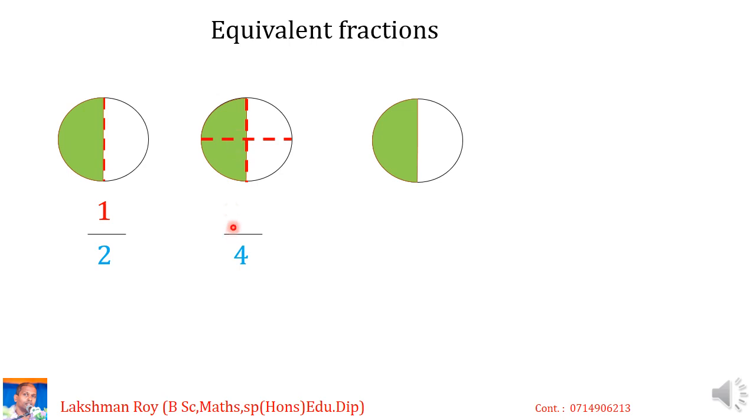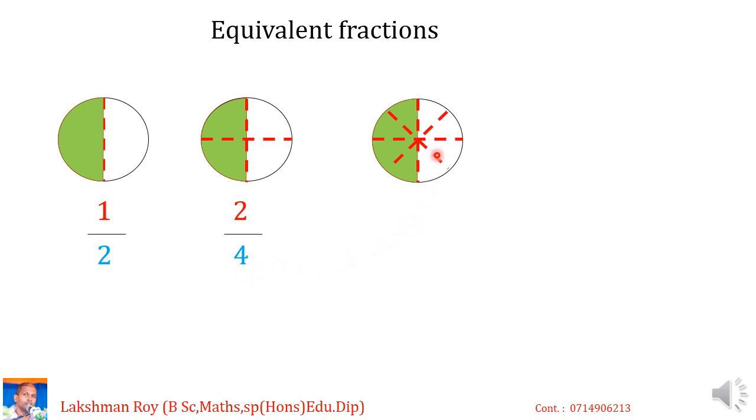What is the numerator? The number of parts colored. How many colored parts? 1, 2 colored parts. So this colored portion as a fraction of the whole figure is 2/4. Let's move to the third figure.